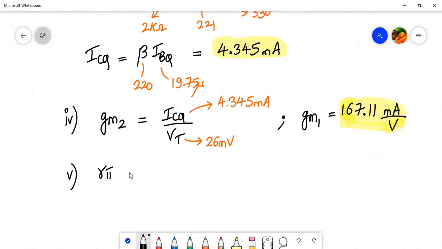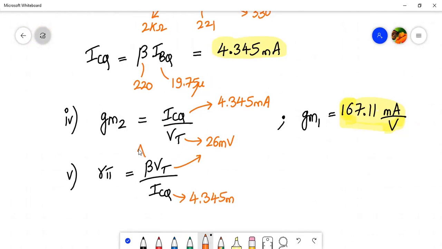So what's the formula for R pi? The formula is beta Vt divided by ICQ, correct? The Vt value is 26 millivolt, which we have already established. ICQ value is 4.345 milli, and beta value is 220.